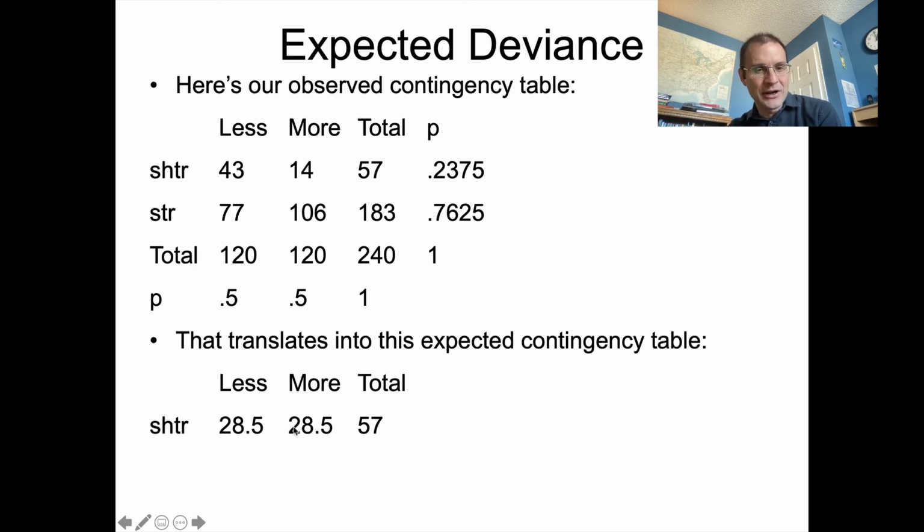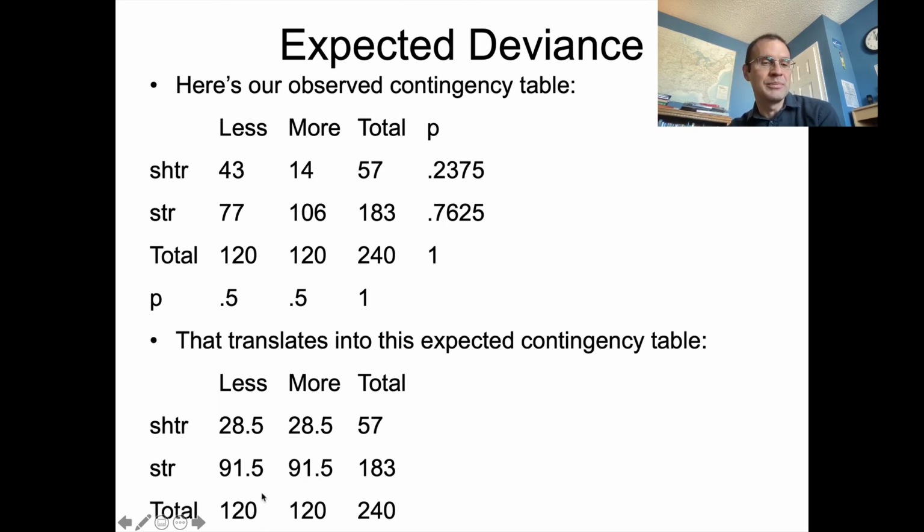And we get the same number in the more column for obvious reasons, because we're doing the exact same math. The straw row is going to have higher expected numbers because 0.7625 is about 3 times as big as 0.2375. So we get 91.5 for them. But our total numbers wind up being the same for both the rows and the columns. What we want to look at is how much these four numbers deviate from these four expected numbers. That's where the deviance comes from. Get your minds out of the gutter.